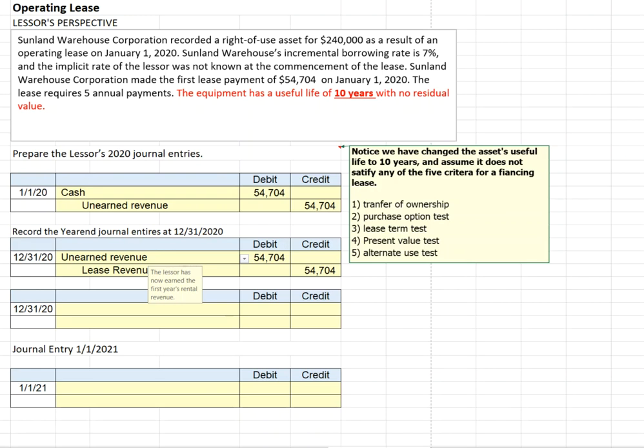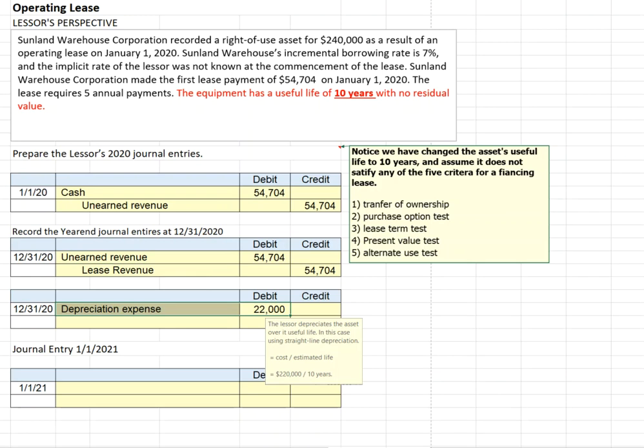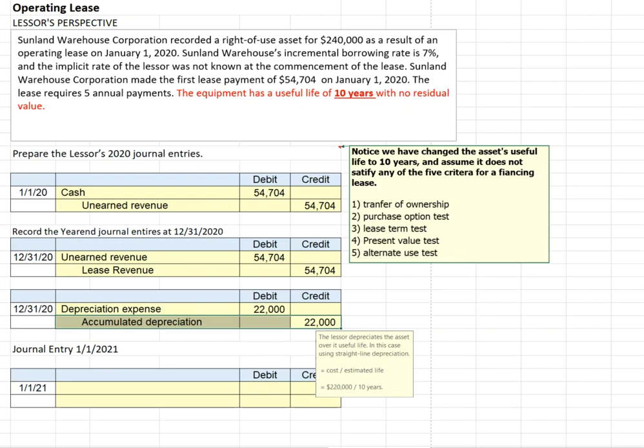Also on December 31st, 2020, we need to record depreciation expense. We will record depreciation expense of $22,000 in this case. We were told our asset cost us $220,000 and we'll spread that cost over a 10-year life. And we credit accumulated depreciation.